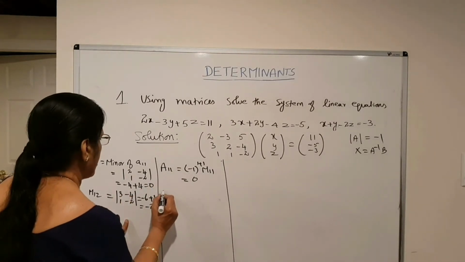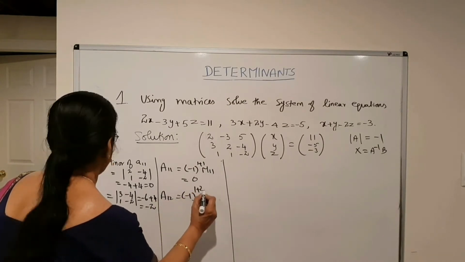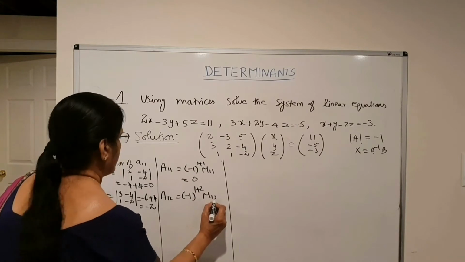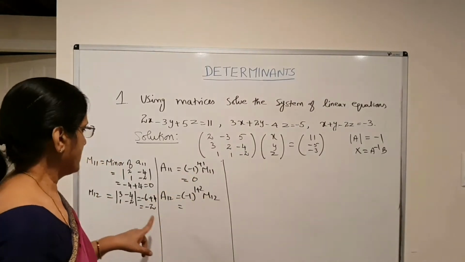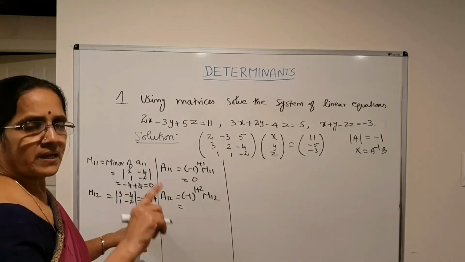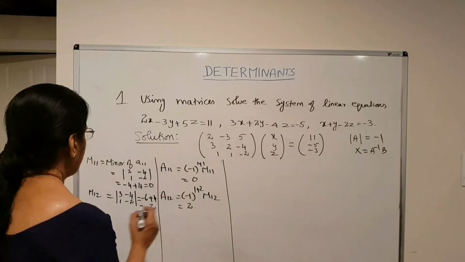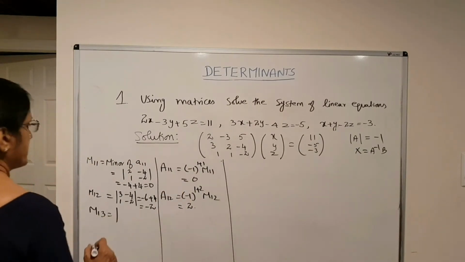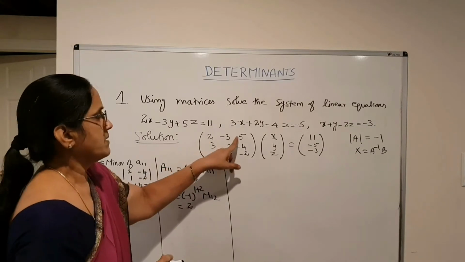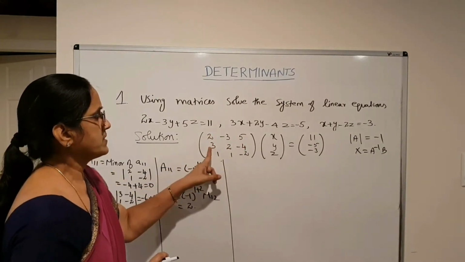Corresponding cofactor A12 will be minus 1 to the power 1 plus 2 into M12. Now, minus 1 to the power 3 is going to be minus 1. Here I am having minus 2. Minus 1 into minus 2 is going to be plus 2. Then M13, the value of the determinant. It is the minor of the element A13. Leaving the first row and the third column, I have left with 3, 2, 1, 1.